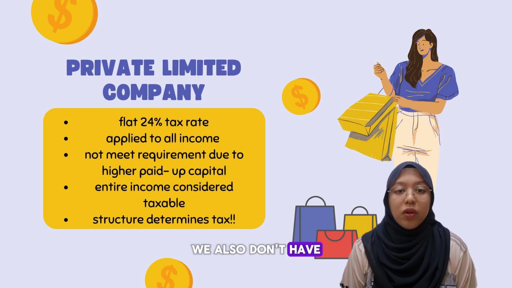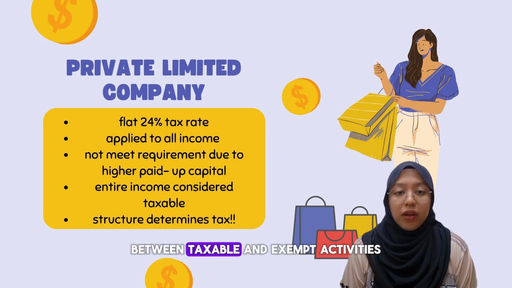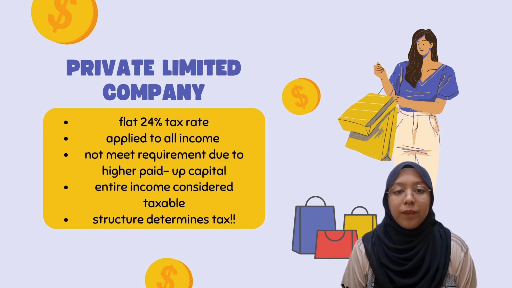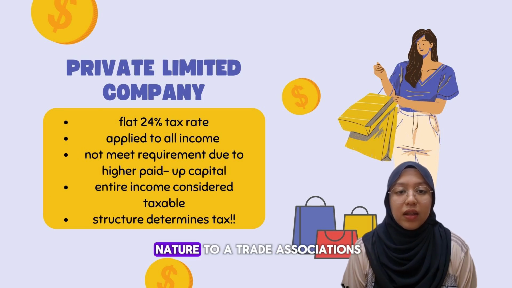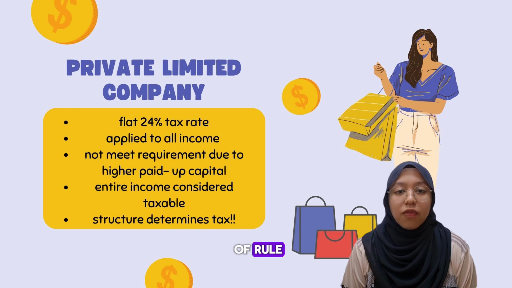We also don't have the benefit of apportioning expenses between taxable and exempt activities, because our entire income is considered taxable. So, even if our business is similar in nature to a trade association, we are taxed under a completely different set of rules.